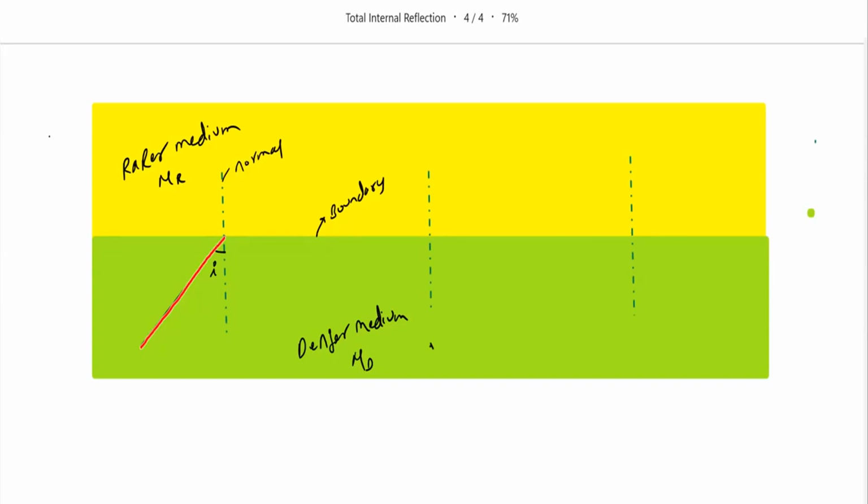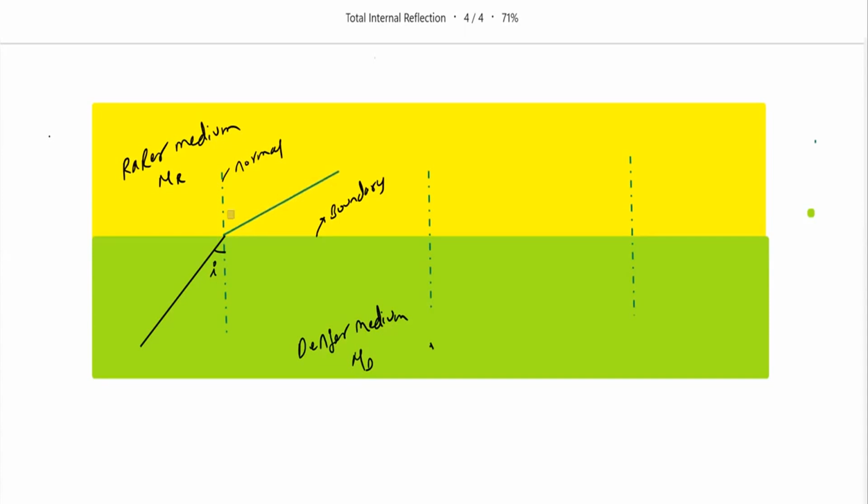Definitely the ray will undergo refraction. It will bend away from normal. This is a typical path. Agreed? So after refraction, the ray will bend like this.